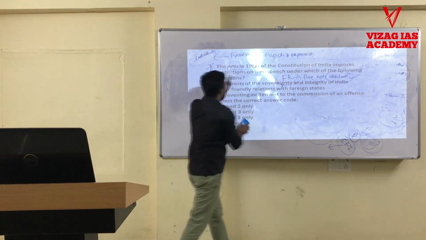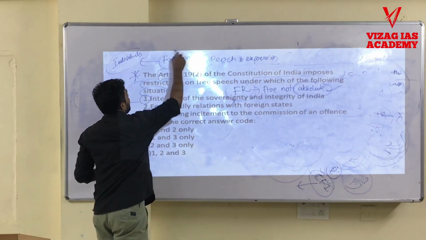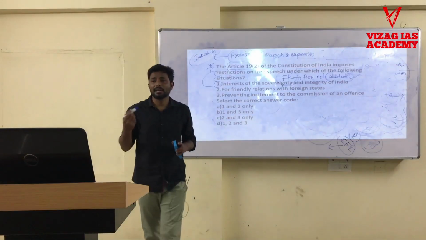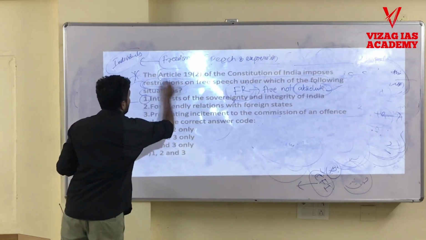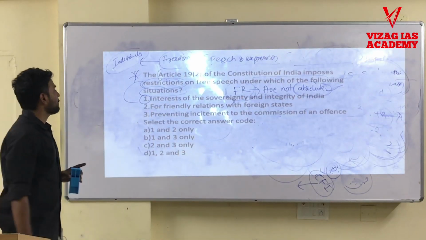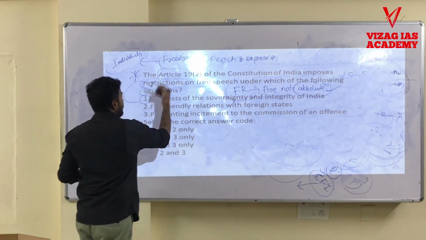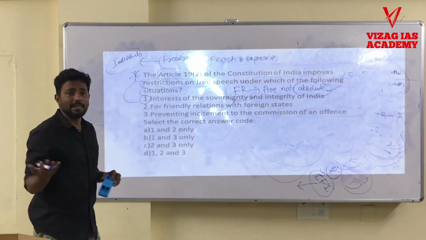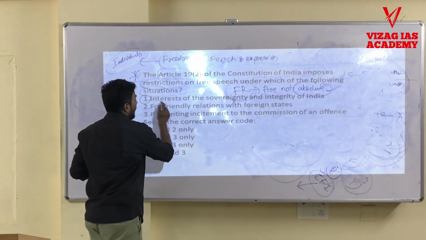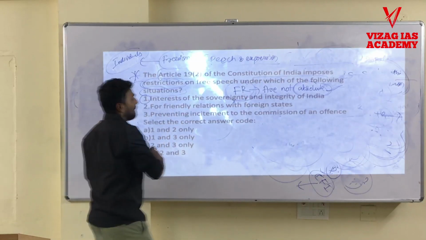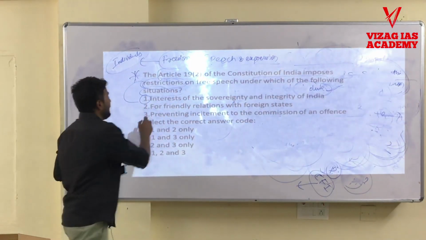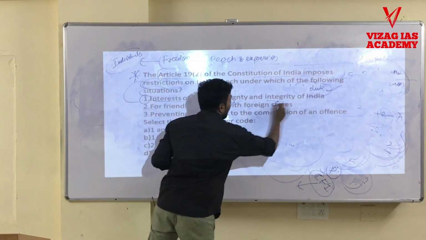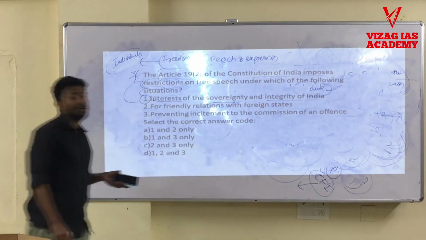They are not absolute. All of them have reasonable restrictions. So even freedoms under Article 19 must be exercised with certain restrictions. What are those restrictions? You can exercise your freedom of speech and expression, but it must not hamper the interests of the sovereignty and integrity of the country.